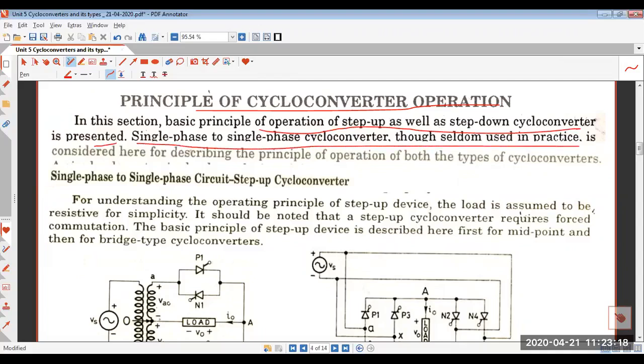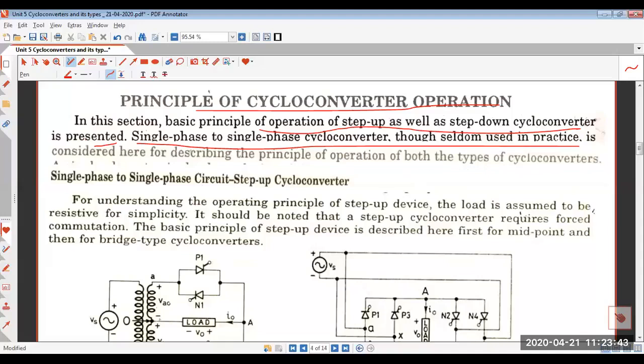Nowadays it is rarely used. We have more efficient converters nowadays, which we call matrix converters, right? Matrix converters are generally used, which are high power devices, and they are more efficient as compared to conventional cycloconverters, right?